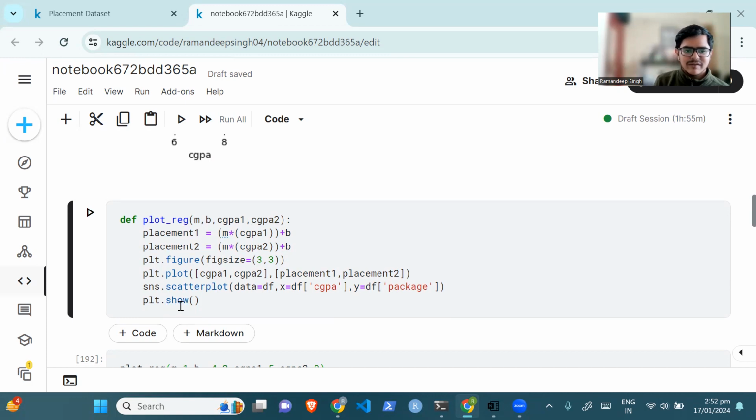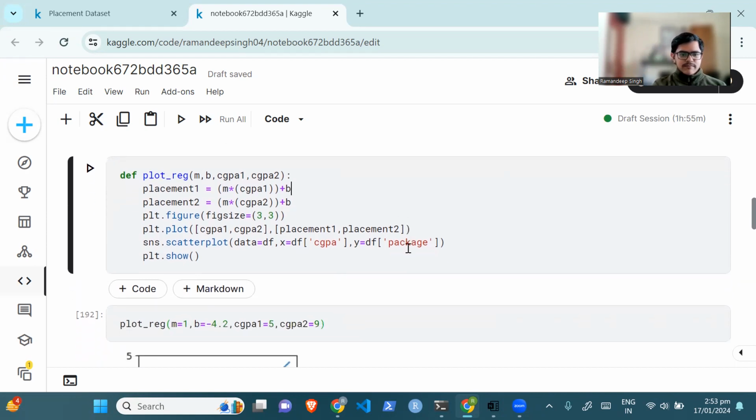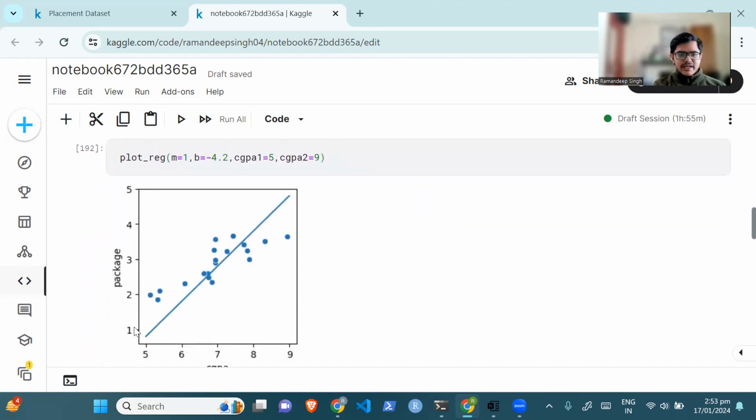Placement will be the output when we multiply m by CGPA and add the intercept. Whenever I give it a new CGPA, based on the optimum values of m and b, which we will find later, it will predict the placement of that student. So this is the code, and this is my regression line based on this data.